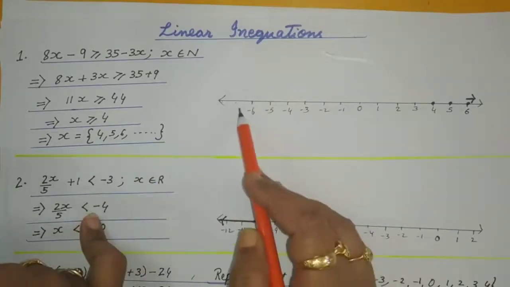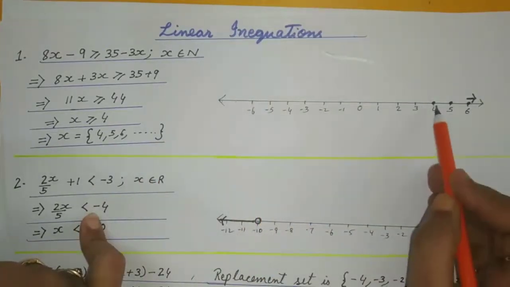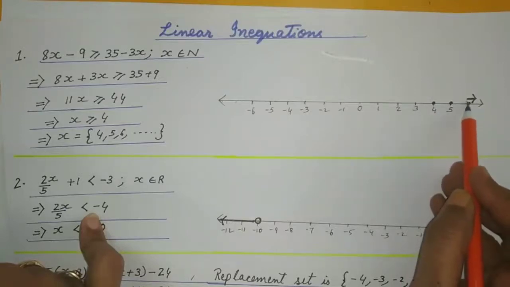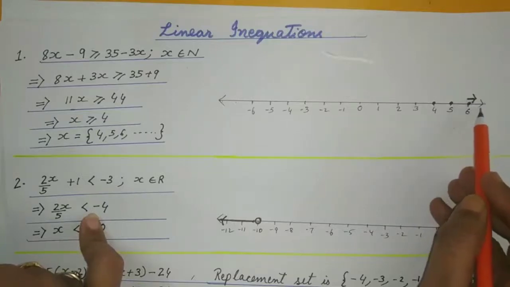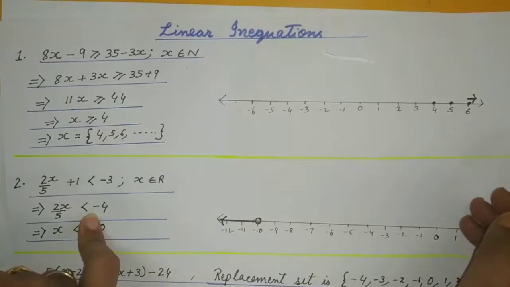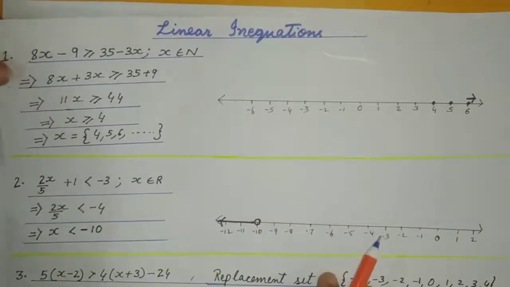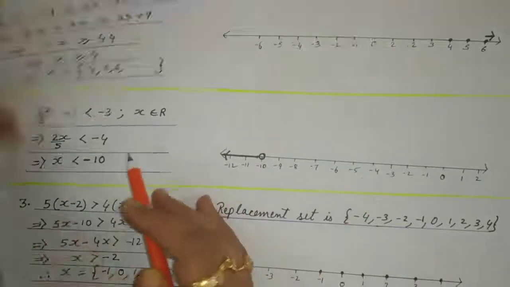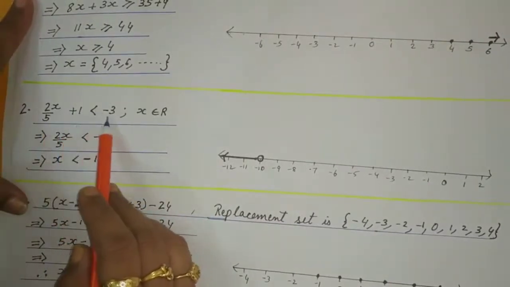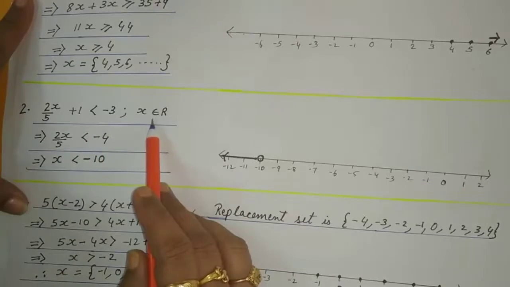So on the number line, darkened at 4, darkened at 5, darkened at 6, and a darkened arrow showing that it will go towards the positive side. The second question is the inequation 2 by 5x plus 1 is less than minus 3, and the replacement set is x belongs to rational numbers.